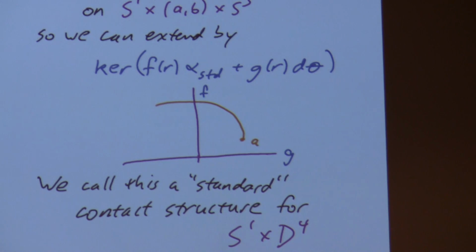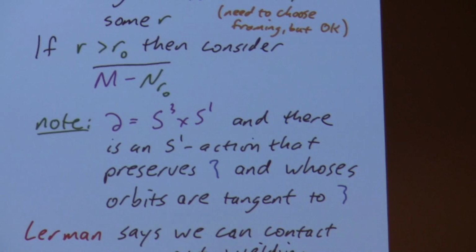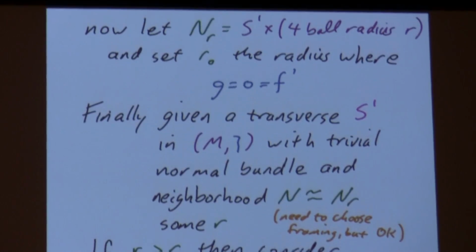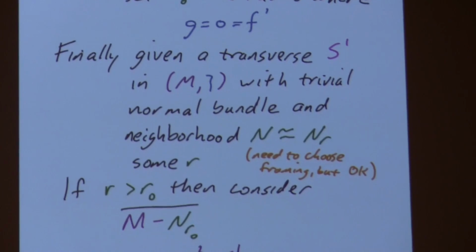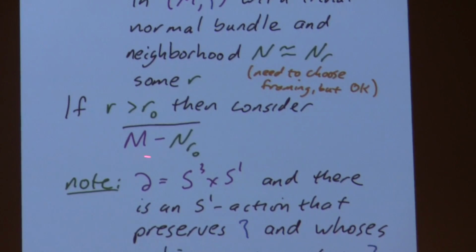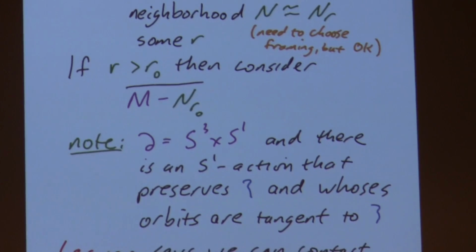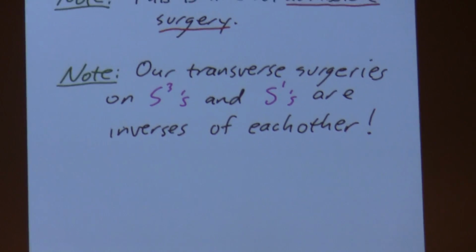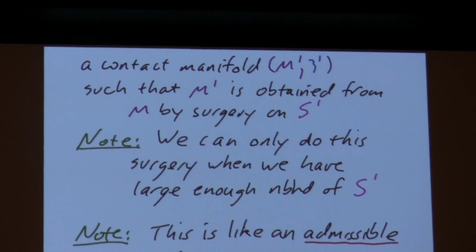So under those two conditions, Eugene Lerman's contact cutting says you can collapse those S1 directions and get an induced contact structure on the result. But when you collapse those S1 directions, what have you done? You've essentially glued in an S3 cross D2 here. So you've effectively done surgery on the S1 and put a contact structure on it. OK?